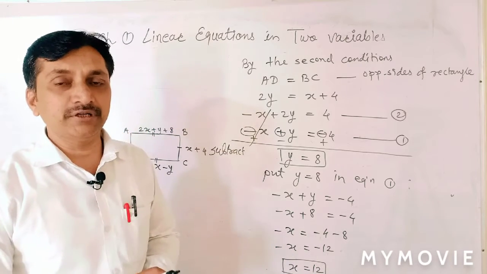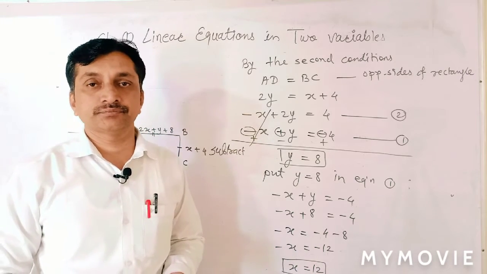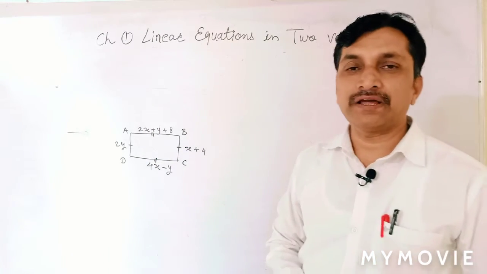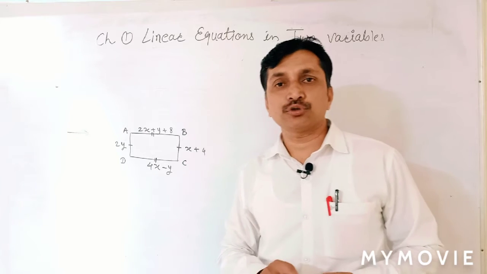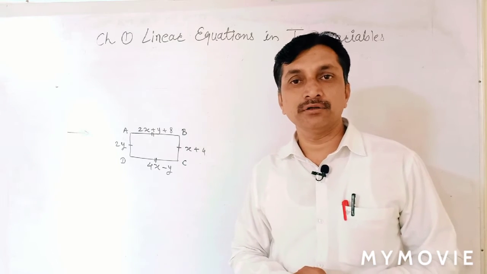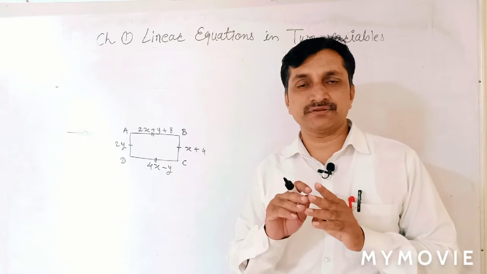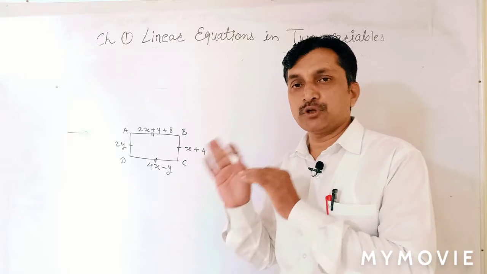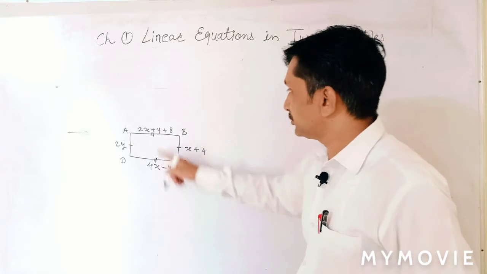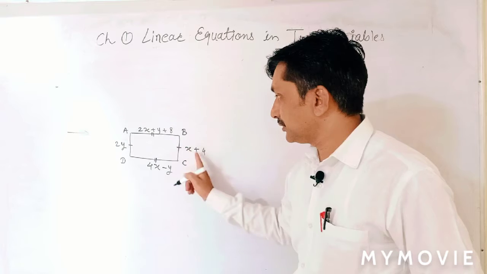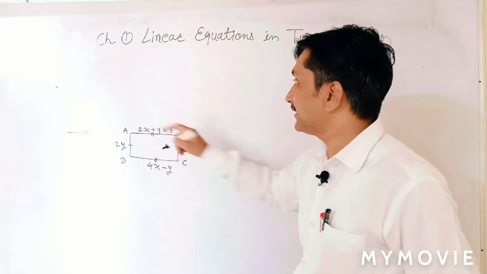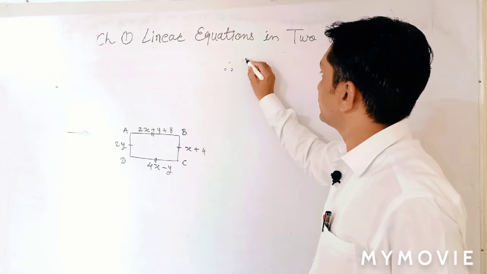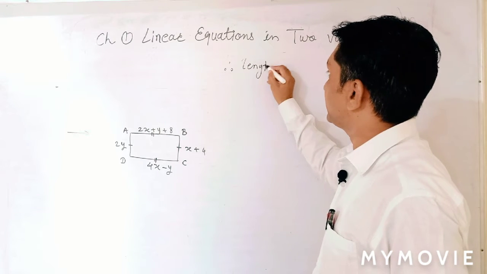Now we want the perimeter and area. We got the values of x and y. What is the formula for the perimeter of a rectangle? Perimeter means the sum of all sides. Perimeter of a rectangle is equal to 2 length plus 2 breadth. For that we have to find the length, so first let's find length and breadth.